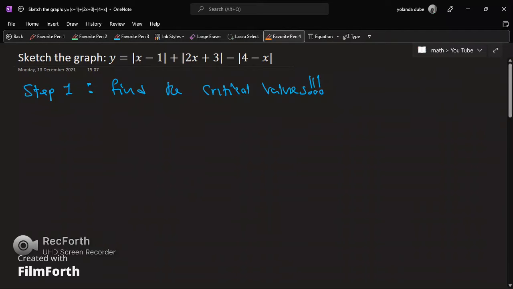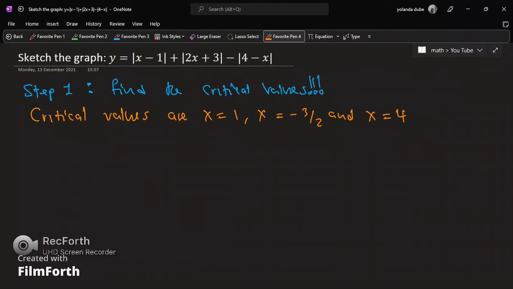So the critical values are x equals 1, x equals -3/2, and x equals 4. These are the critical values that we have in this problem.